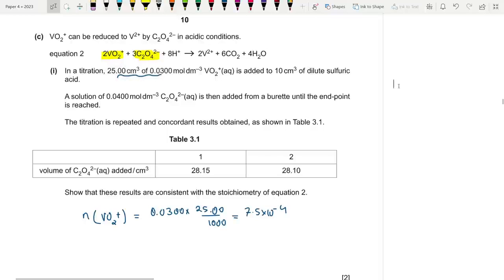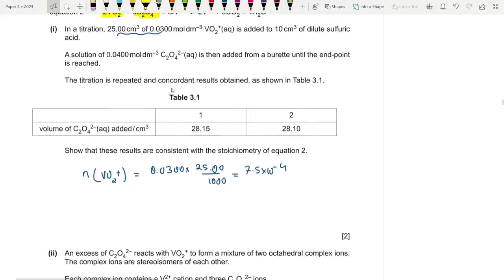You have to multiply by half because VO2+ is 2 times, and then multiplied by 3, essentially 3 by 2 times. So many methods exist to prove this actually. They even wrote this in the mark scheme. For example, I'm going to show you one followed by the one in the mark scheme.